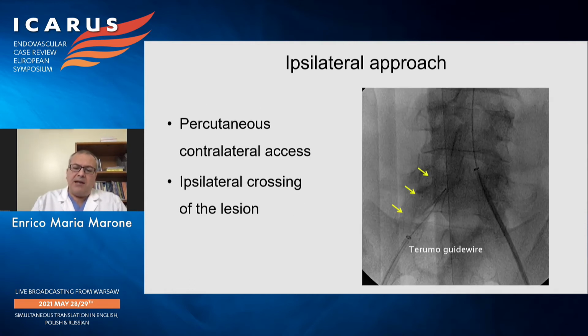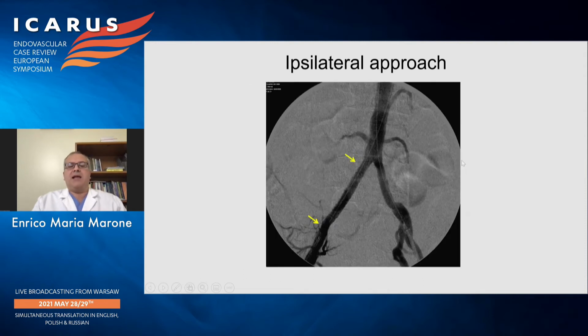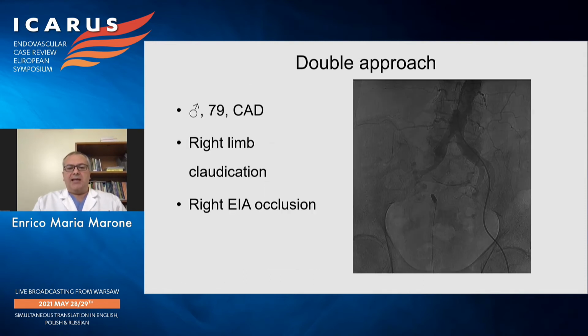You must be a little bit lucky when you want to recanalize a common iliac occlusion with the ipsilateral approach, but it's possible and justified to try to recanalize this kind of occlusion. This is the result, a very good result, and the check is performed from the contralateral side.